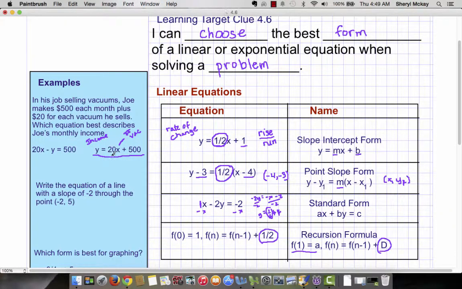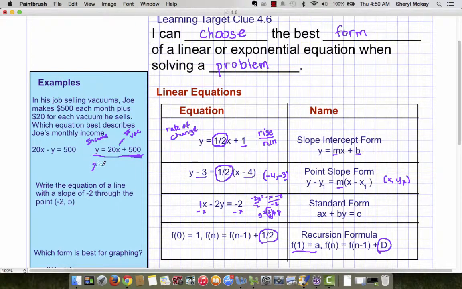And he makes $20 for each vacuum he sells, but he also makes just a base salary of $500. So he always starts with $500, and then he makes $20 for each vacuum he sells. And when you add those two together, that gives him the income. This one, we could maybe make it work, but it's not really a good representation. Okay, so this is our better option right here.